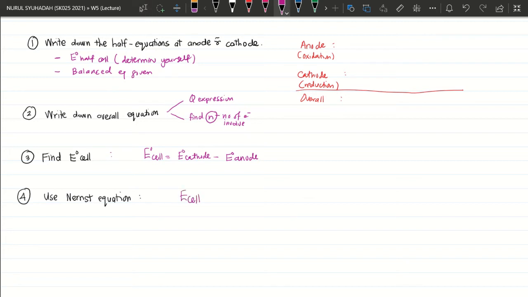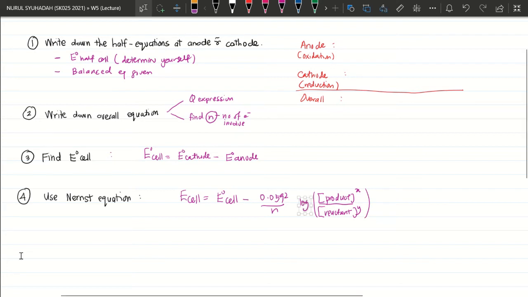E cell equals E naught cell minus 0.0592 over n log Q. So Q is the concentration of the product to the power of x over the concentration of the reactant to the power of y, where x and y are based on your balanced equation.